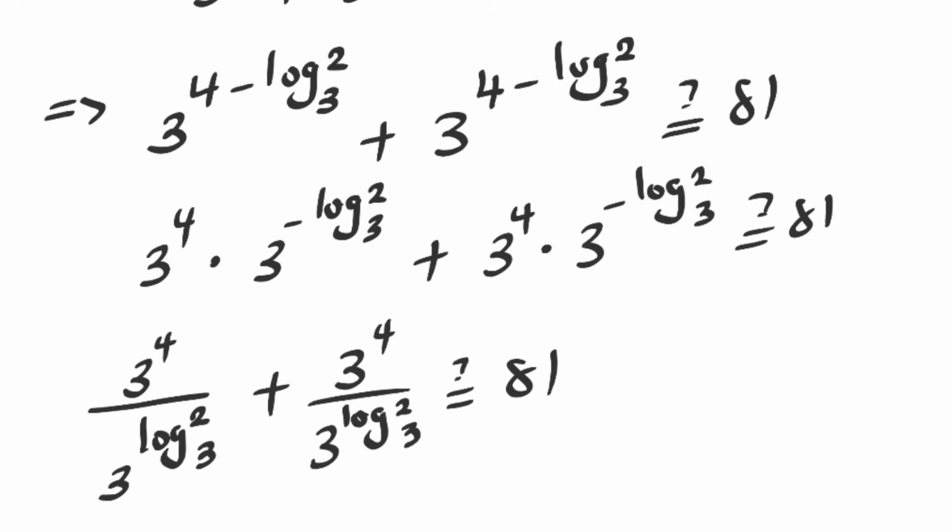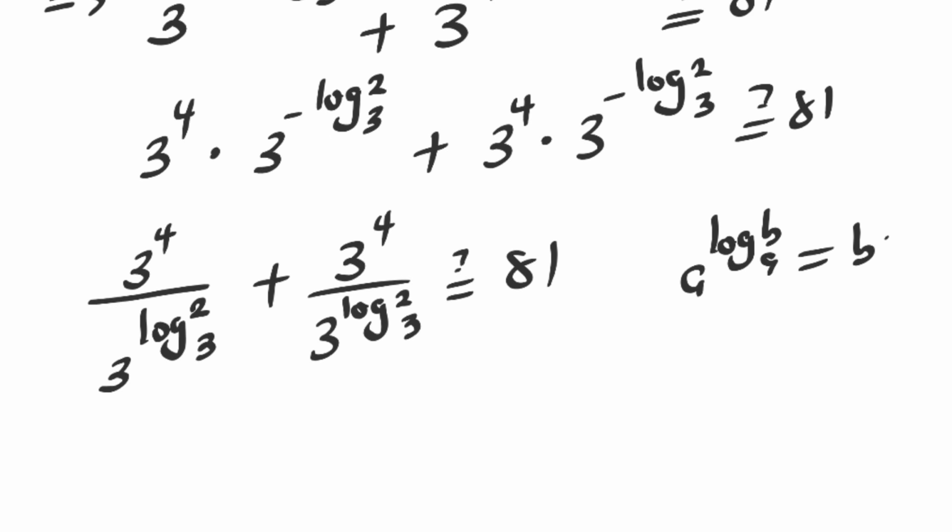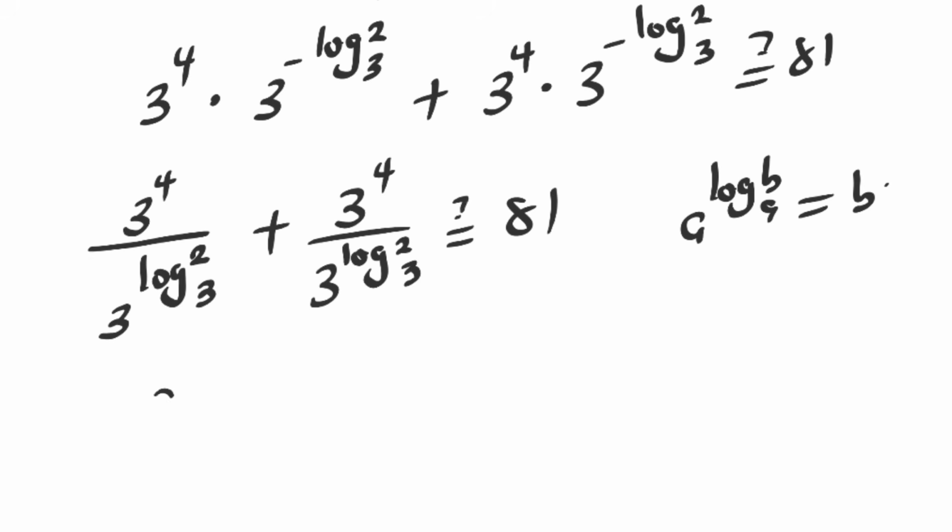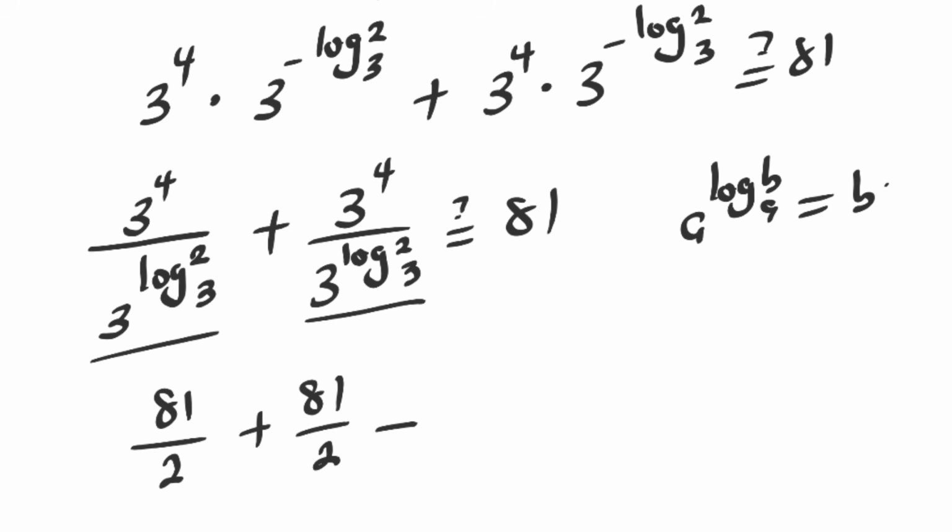Now here, if you have a raised to power log b base a, this is equal to b. We have 3 raised to power 4 is 81 divided by the whole of this is 2 plus 3 raised to power 4 here, 81 divided by the whole of this is 2 must be equal to 81.